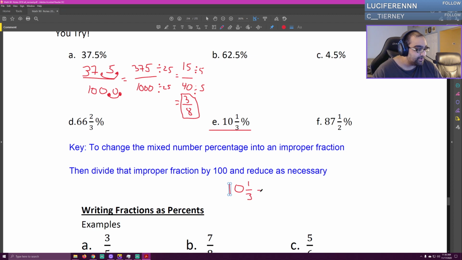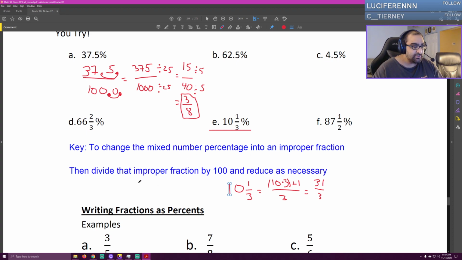Now 10 and a third as an improper fraction is pretty easy. Remember, we take 10, multiply that by 3, and add 1, and put that over 3. So 10 times 3 is 30, 30 plus 1 is 31, and so over 3. Here we get 31 over 3.